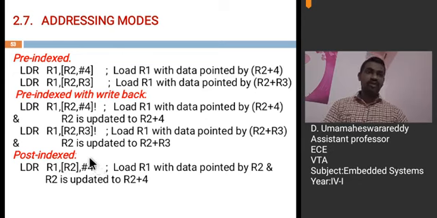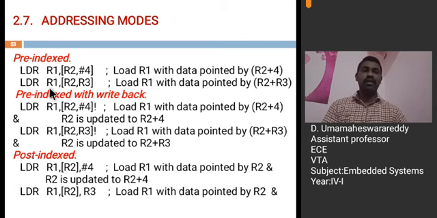First, it will move the data present in the location R2 to R1. Next, it will update R2 to R2 plus 4. This type of addressing is called post-indexed. In post-indexing, first it will transfer the data. Next, it will add the offset. But in pre-indexing, it will first add the offset and then transfer the data to R1.